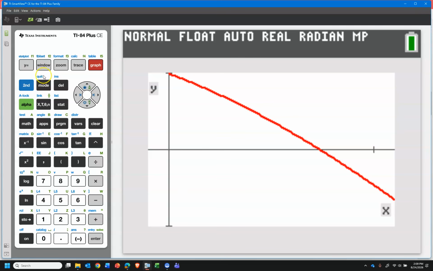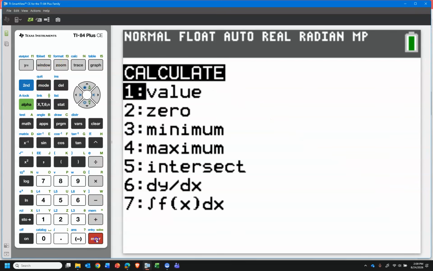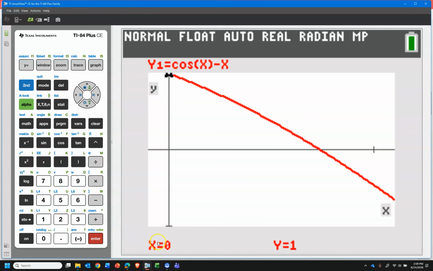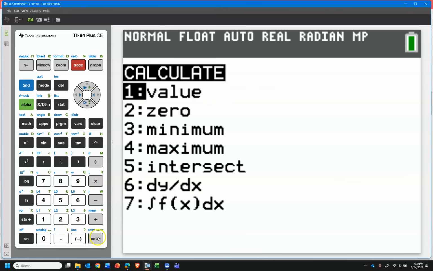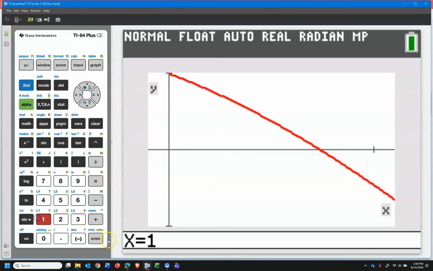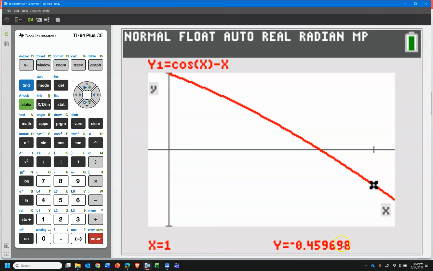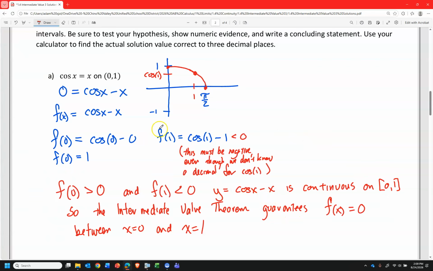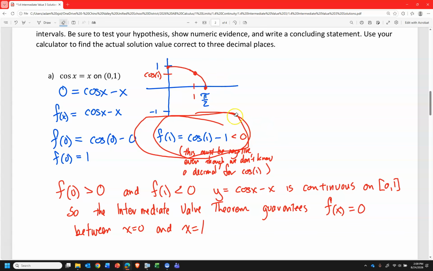And so what we had previously said is, we can do calculations. So now, at x equals 0, cosine of 0 minus 0 is 1. And we can do that again at x equals 1, enter, and we get, okay, negative 0.459. Remember when I was talking before, that's this value right here. We didn't know how big that was. We just knew that it was negative.